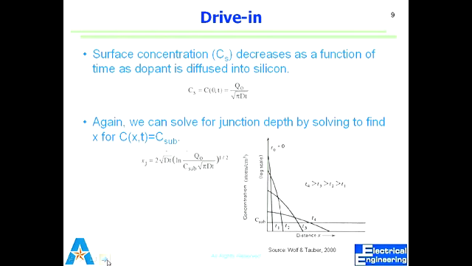So this again gives us junction depth by solving for x, and this depth is a function of how much charge carrier was there and what the background concentration is, right? Those are the two important factors. And Dt is, of course, the diffusion coefficient times time.